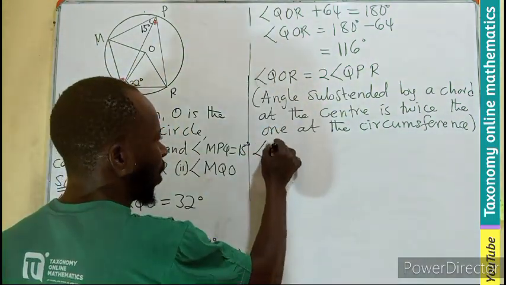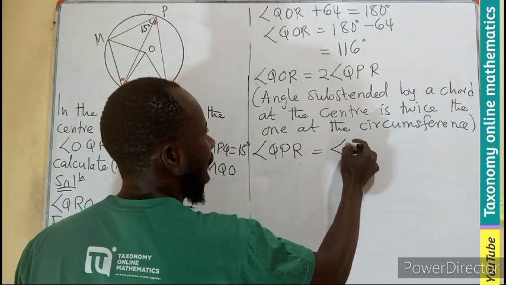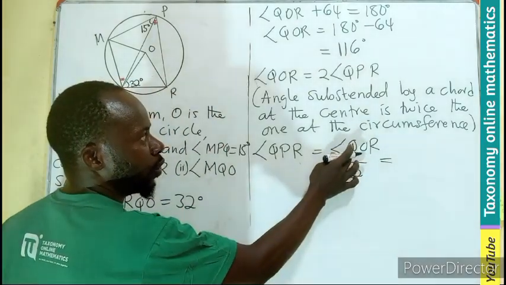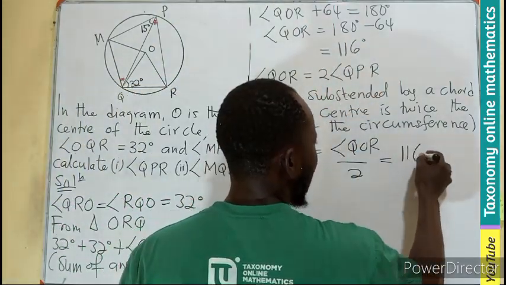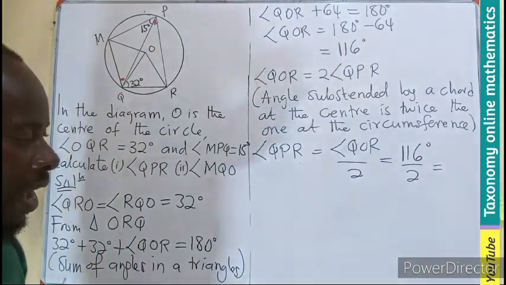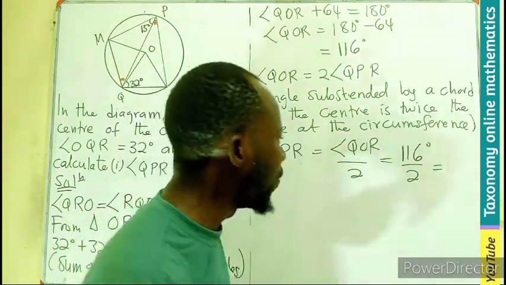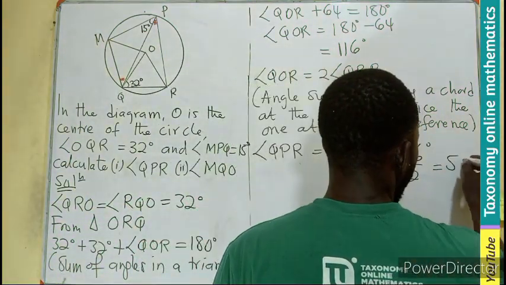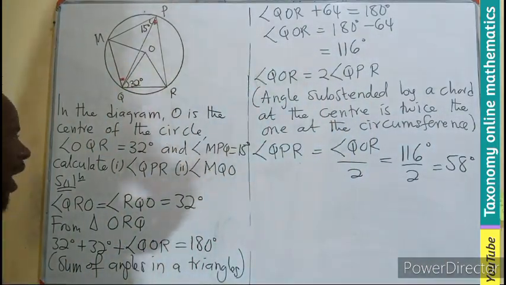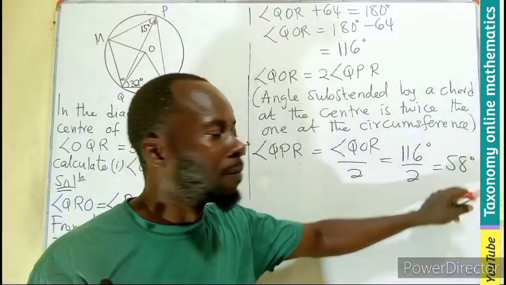Therefore, angle QPR is equal to angle QOR divided by 2. 116 degrees divided by 2: take 100, it will be 50; 16 will be 8. So we have 58 degrees. So the angle we are asked to find for the first part is 58 degrees.